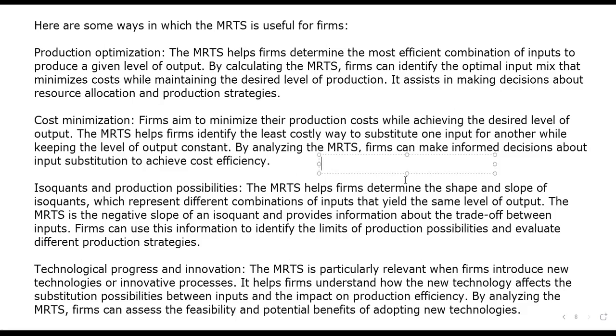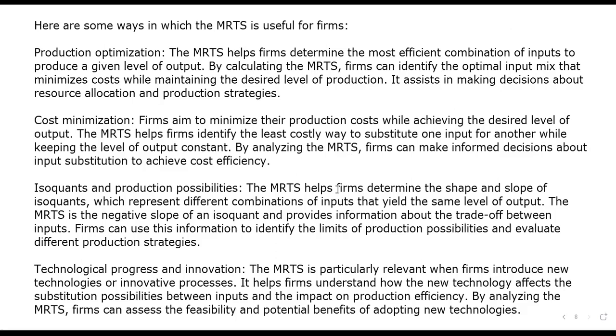So when firms want to minimize their production costs while achieving a certain desired level of output, firms will identify the least cost way of substituting one input for the other whilst keeping the level of output constant. So using MRTS, firms will make informed decisions about input substitution.